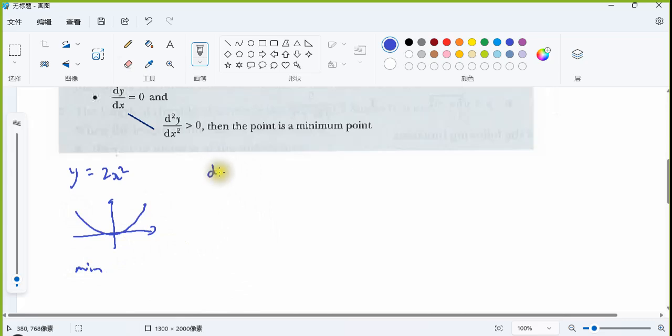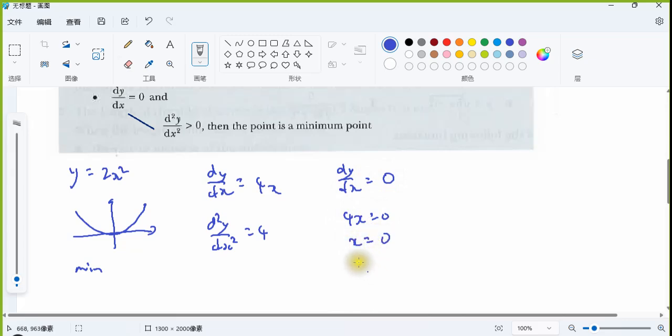So we can see that dy/dx is 4x, and the second derivative is 4. Okay, so dy/dx equal to 0 means 4x equals 0, so x equals 0. So when x equals 0, it is a minimum. The second derivative when x equals 0 is 4, greater than 0, so it is a minimum.